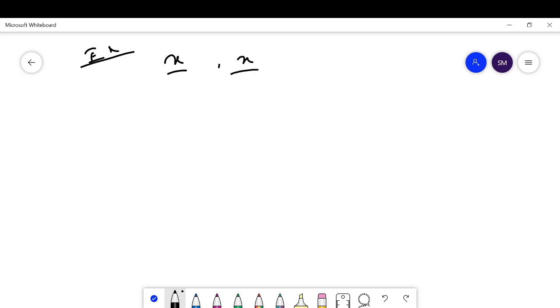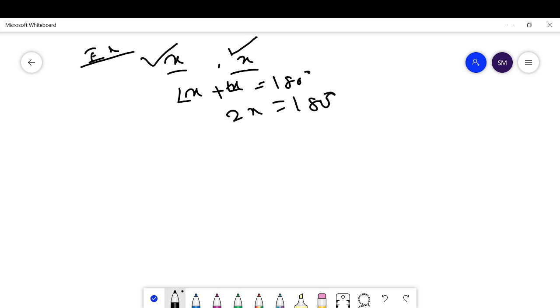As we know that x is the supplementary pair of x, it means the sum of these two angles is 180 degree. This means 2x equals 180 degree, x equals 90 degree. The right angle is the supplementary pair of itself.